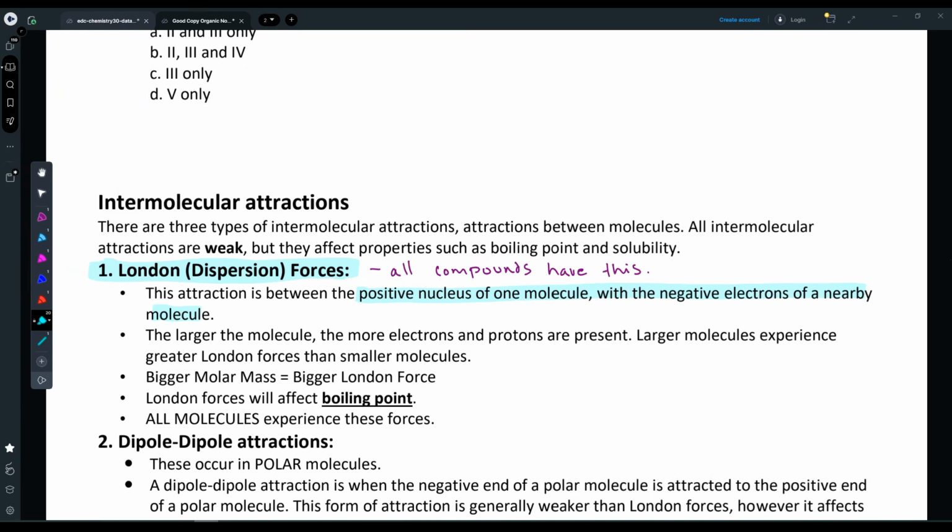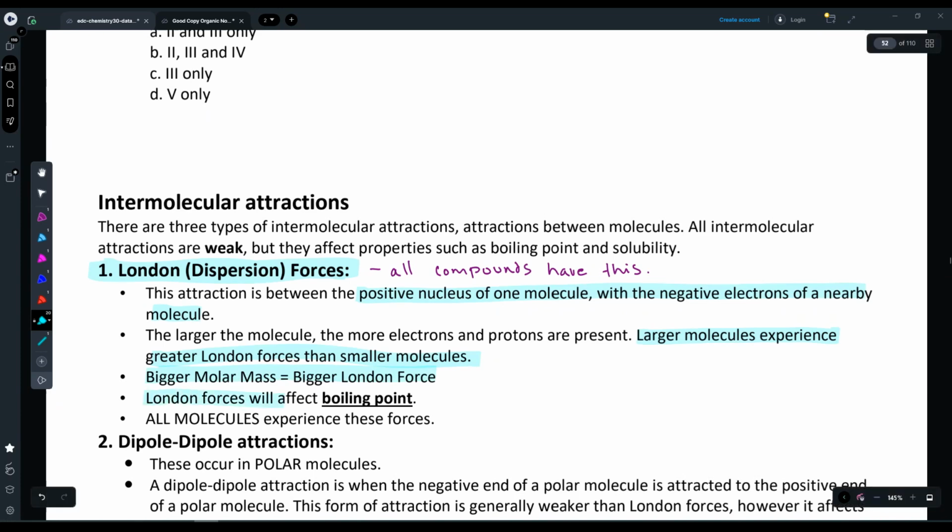Therefore, larger molecules are going to experience a greater degree of London forces than smaller molecules. Another way you can determine which molecule has a larger London force is to think of it as the bigger the molar mass, the bigger the London force.